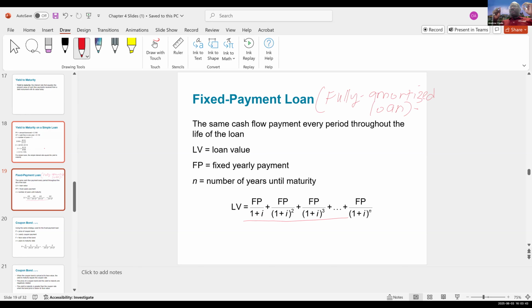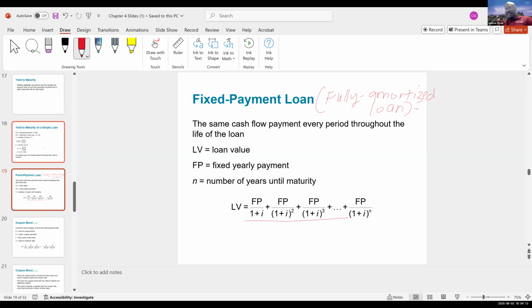A fixed payment loan is where, when you pick up that loan, you're going to pay a fixed amount to the bank until maturity. For example, if you buy a house, you get a mortgage loan. You're going to be paying a fixed mortgage to your bank for maybe 30 years. Monthly payments, those are 360 months, by the way. If it's a 20-year mortgage, those are 240 payments because you're making monthly payments. Okay?